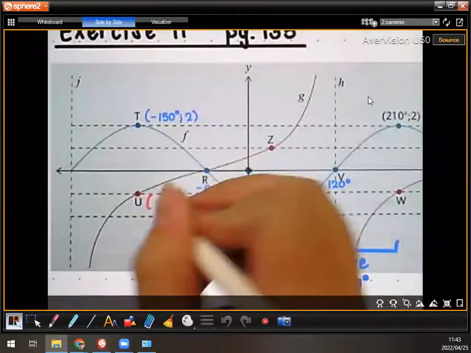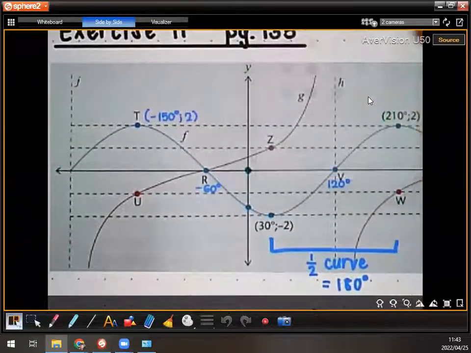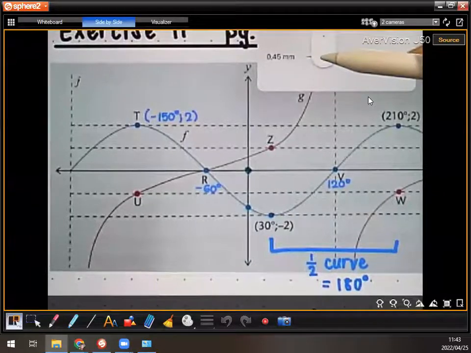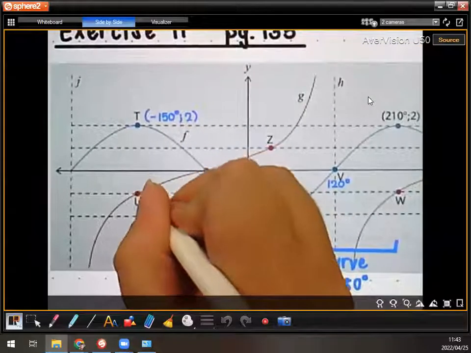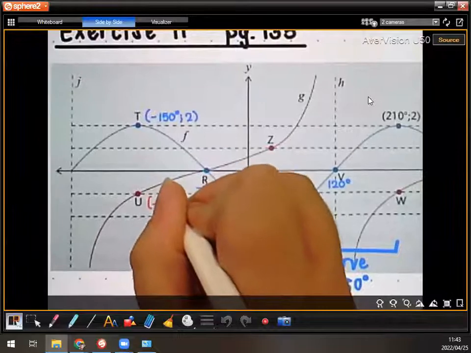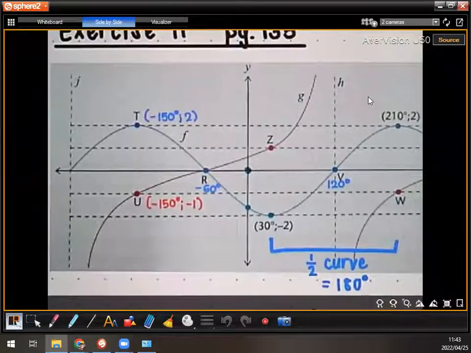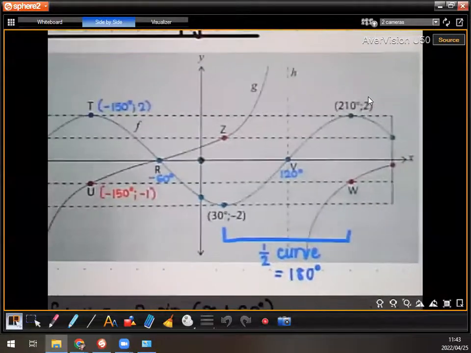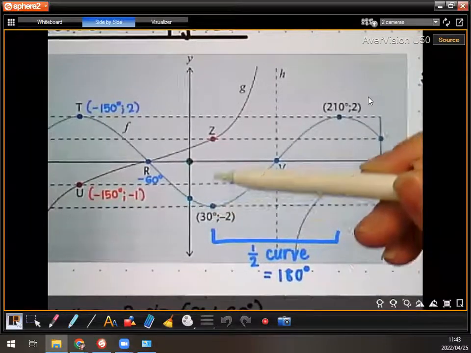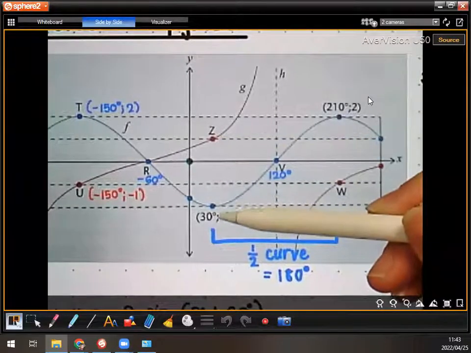Right? So if you know what this X value is, you can see that they're just in line there. So U was the point negative 150, negative 1. You didn't actually have to do any calculations to get the points on the tan graph. What about Z? You see that Z is just above this 30 degree point.